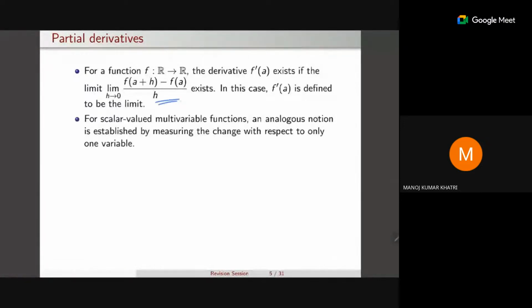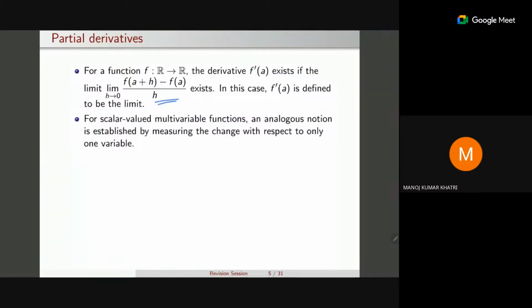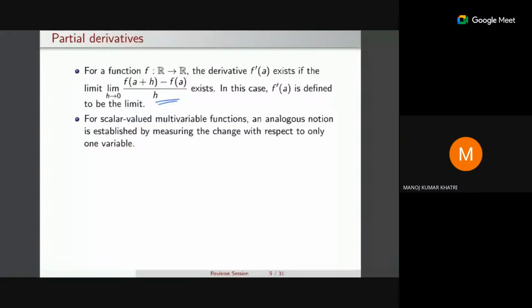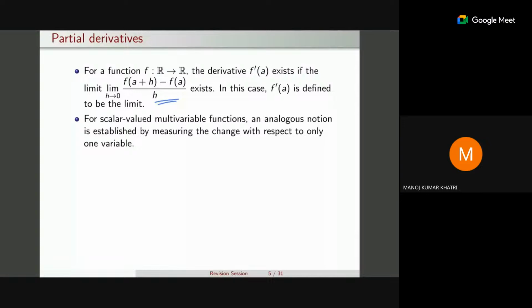So this limit, as you know, the existence of this limit for a one variable function is what gives you the notion of derivative. And this is to be interpreted as change in output divided by change in input, because f of a plus h minus f of a, the numerator, is the change in the output as we go from a to a plus h.